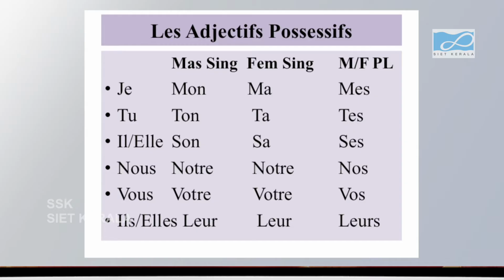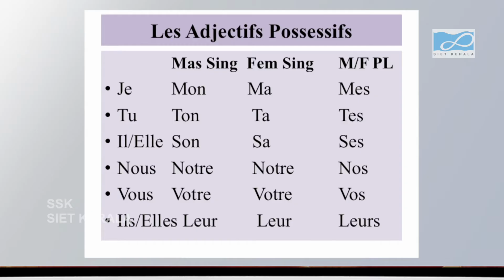So mon, ma and mes convey the meaning my, ton, ta and tes means your, son, sa and ses could be his or her depending on your subject. If it is corresponding to il, it could be his, or her, and also depending on the noun. Nous becomes notre, nos is our and ours, votre and vos is your, that's a plural form.